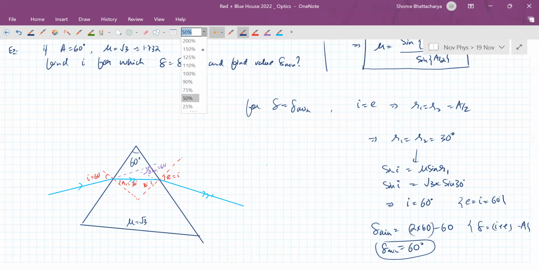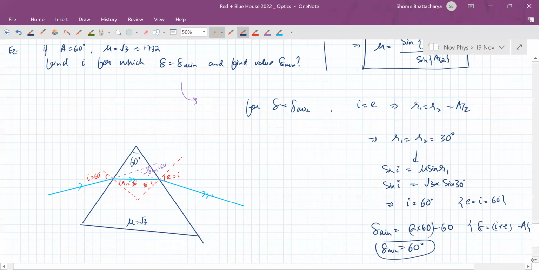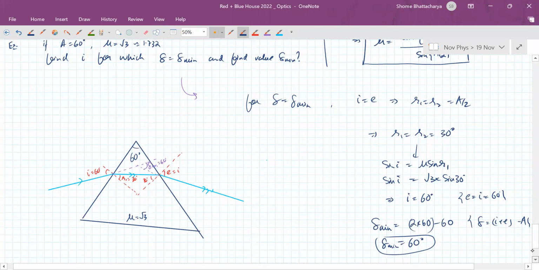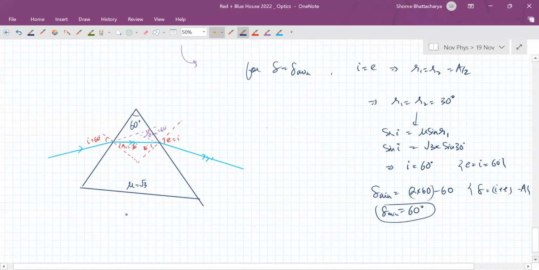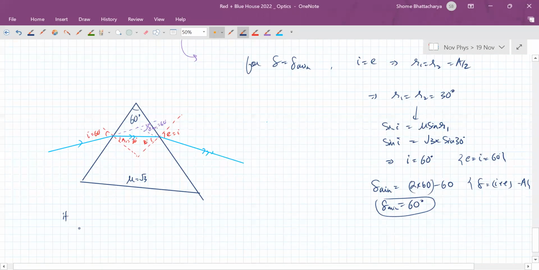Okay, now for example, from this figure, what will happen if I make the angle of incidence larger? If I is made 60 degrees plus something, then R1 will also become 30 degrees plus something. So R2 will become whatever that is.